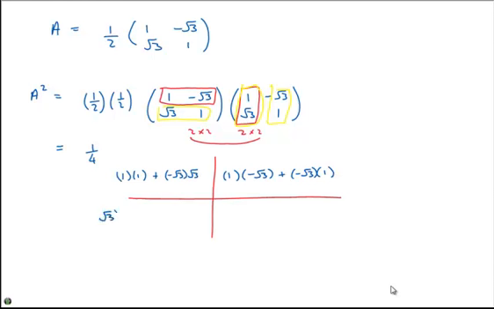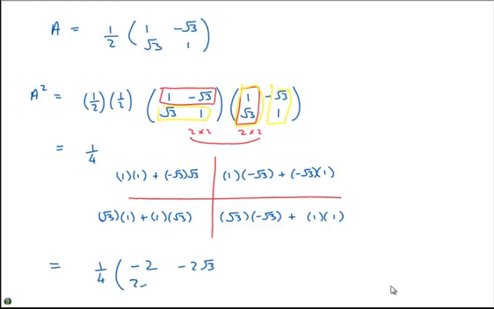Well, you have root 3 multiplied by 1 again, plus 1 multiplied by root 3. Then you'll have root 3 by minus root 3, plus 1 multiplied by 1. You'll tidy all of that up and you'll get minus 2, and that's your A squared.